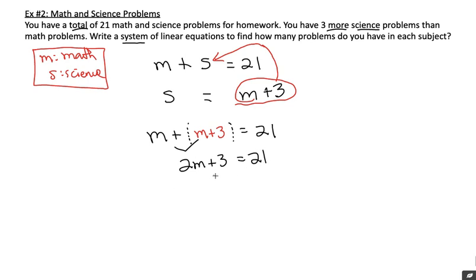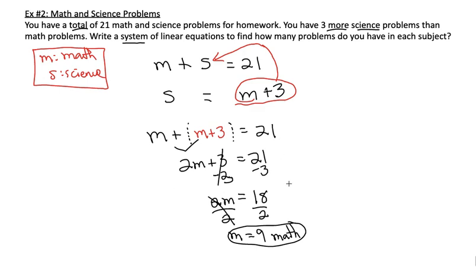Now it's a 2-step problem, so we can solve that by subtracting 3 from both sides. So 2m equals 21 minus 3 is 18. Divide both sides by 2, m equals 9. So that means we have 9 math problems.